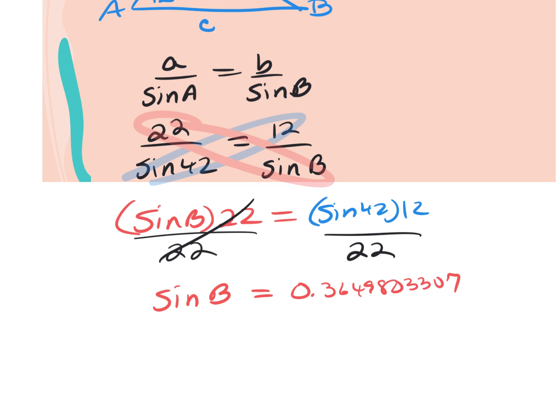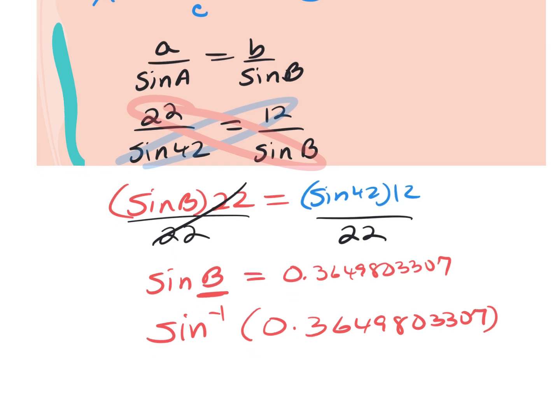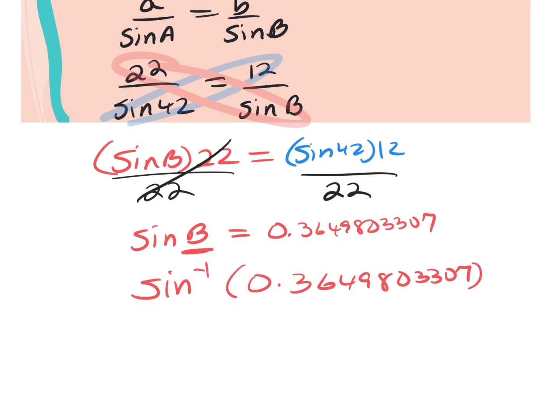It's actually going to be 0.36498033307. What we're going to do here to get angle B, we do second and sine, so it opens up sine inverse. Then you're going to put that decimal that you got after you divided sine of 42 times 12 divided by 22. You're going to put this long decimal in your calculator, and then we're going to round to the nearest hundredth.